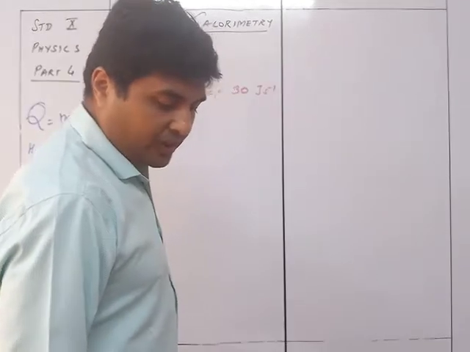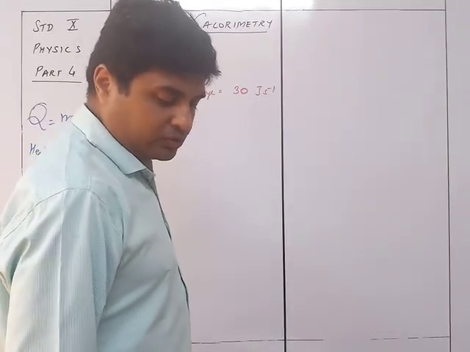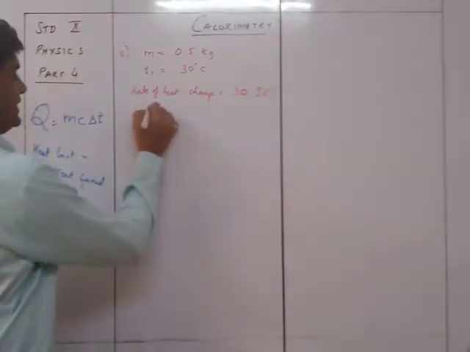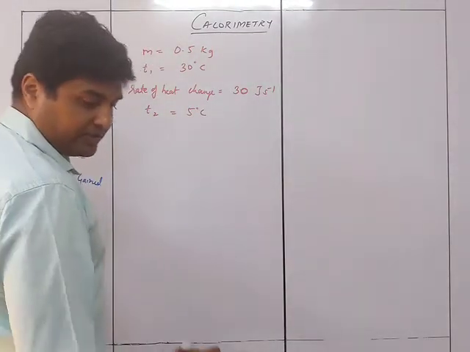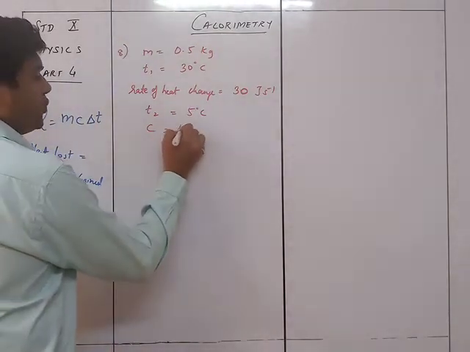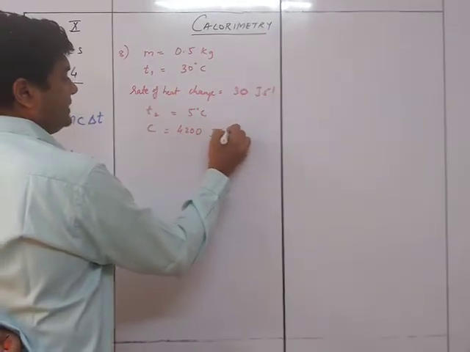How long will it take to cool the lemon squash to 5 degrees Celsius? So T2 is equal to 5 degrees Celsius, given that the heat capacity C is equal to 4200 joule per kg per Kelvin.